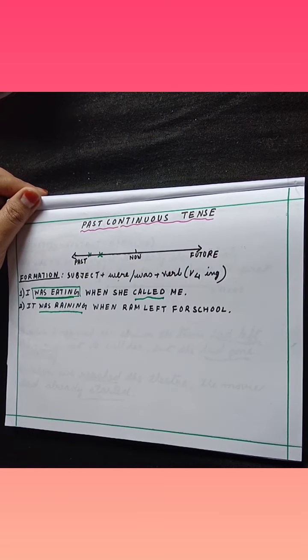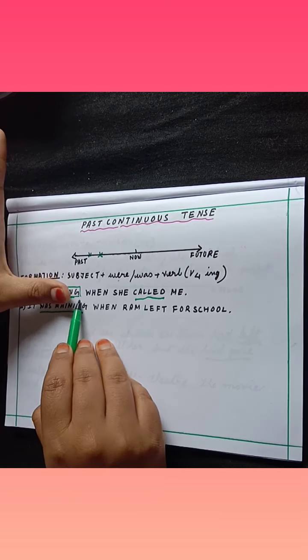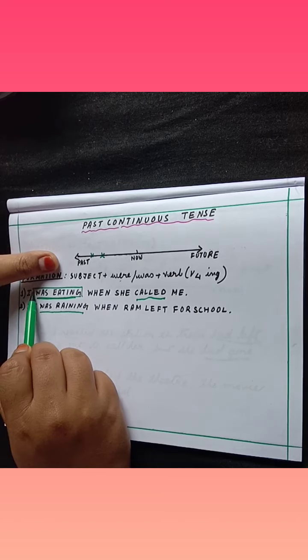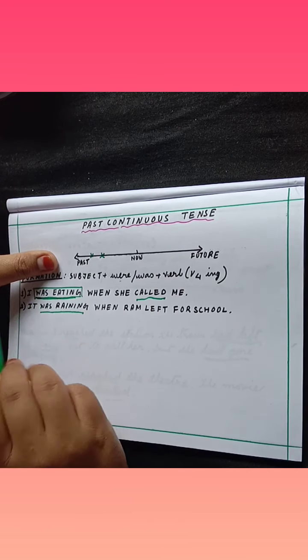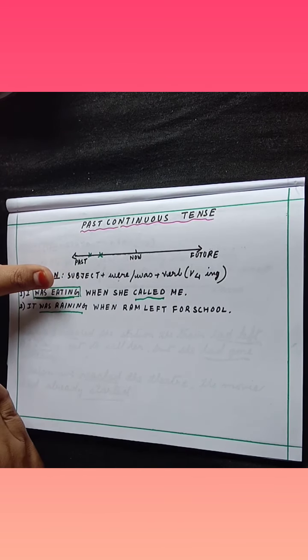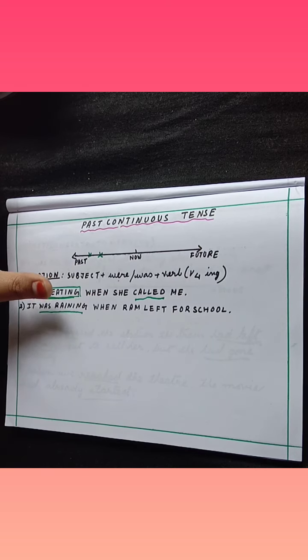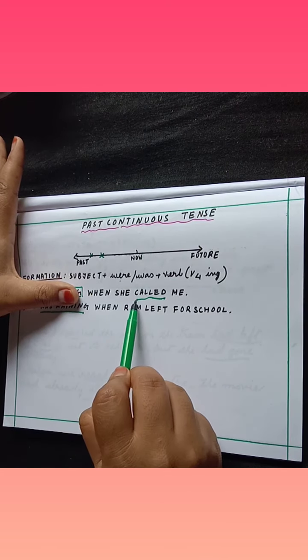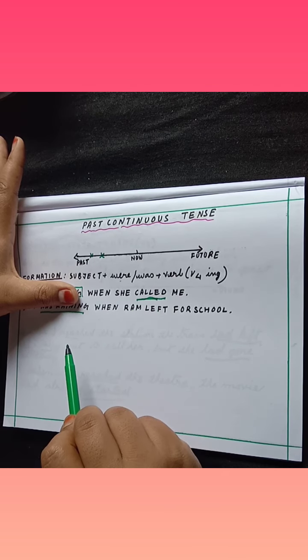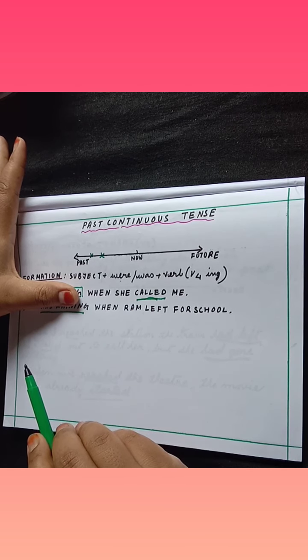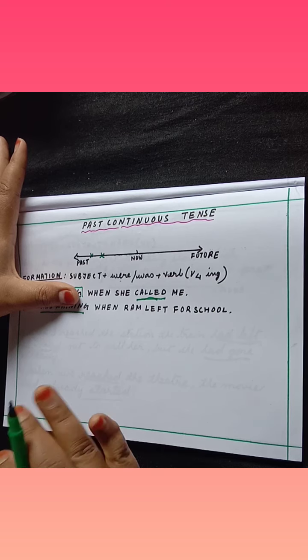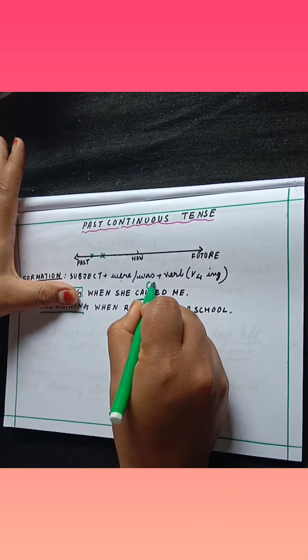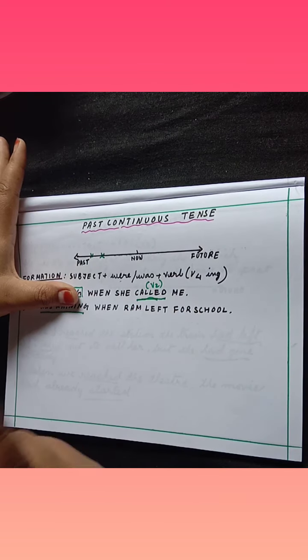We are trying to understand was eating, so let's leave this aside for some time. Here the verb called is in its second form: call, called, called. So this is V2, the past form of the verb.